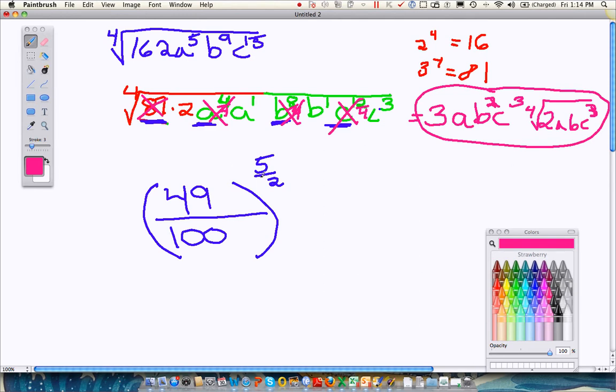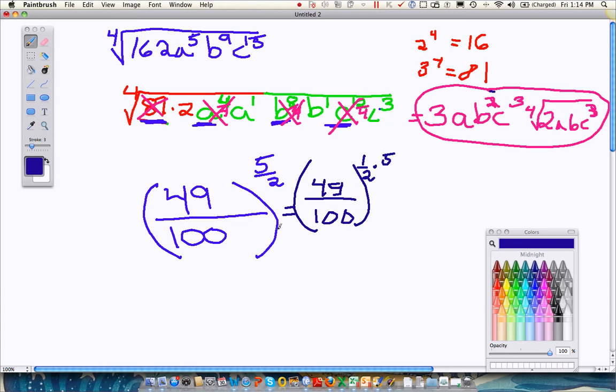Okay, now let's take a look at simplifying this equation here, this fraction. There's a couple ways you can do this, but I'm going to remember that anytime I see a 1/2, the exponent is really 1/2 and a 5. 5 halves, but I can pull the 1/2 out.